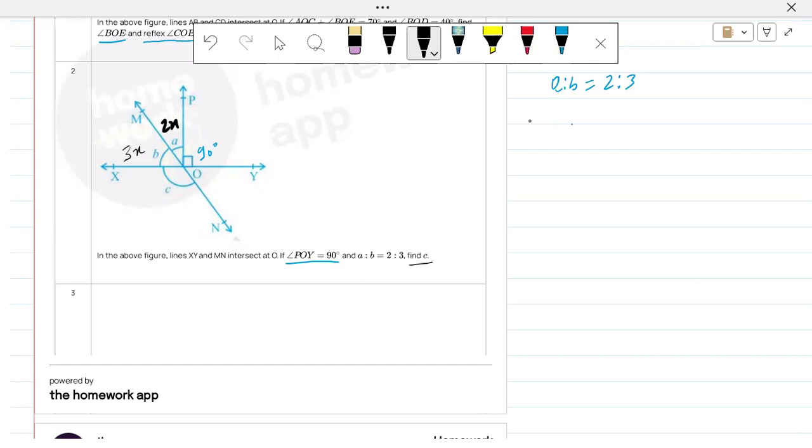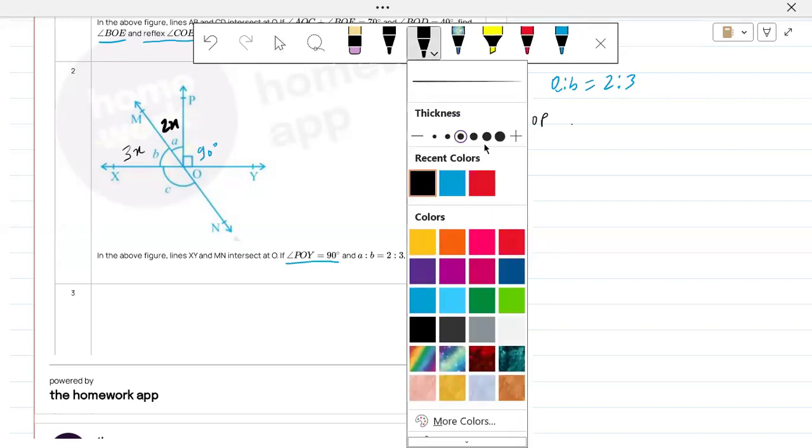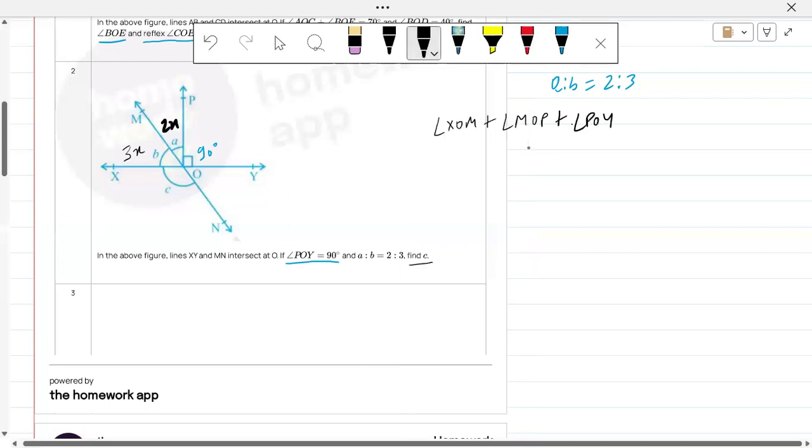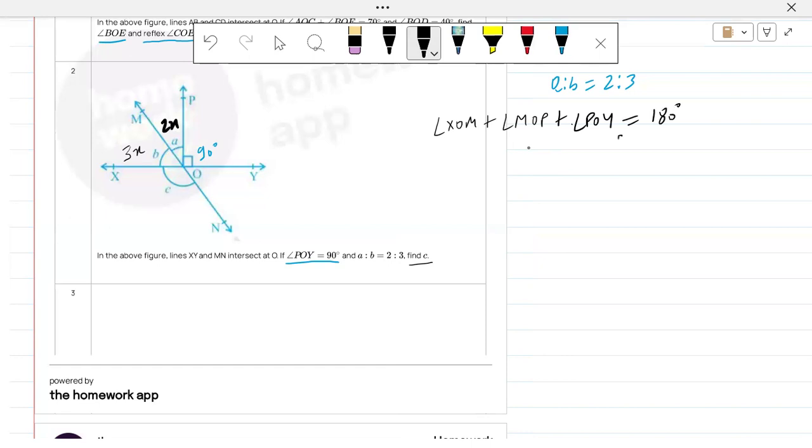How can you find the value of x here? You know that angle XOM plus angle MOP plus angle POY is equal to 180 degrees. Why is it 180 degrees? By the linear pair property.